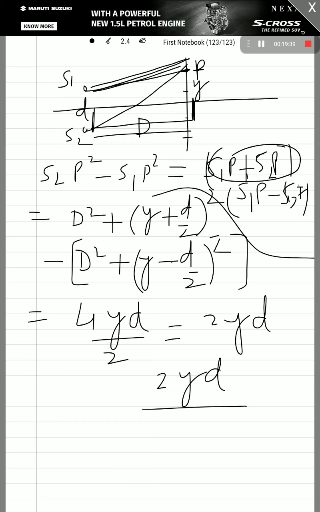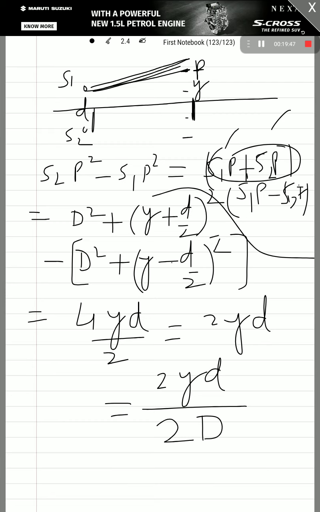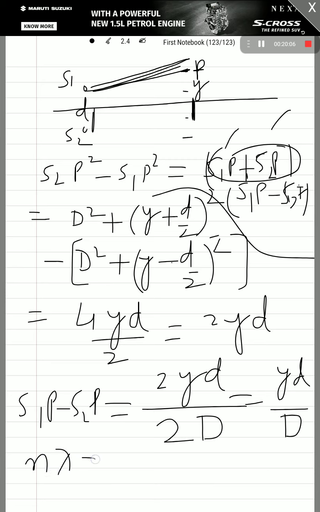S1P plus S2P can be taken nearly equal to D. So D plus D equal to 2 capital D. This equals S1P minus S2P, so this is the path difference, yd upon capital D.